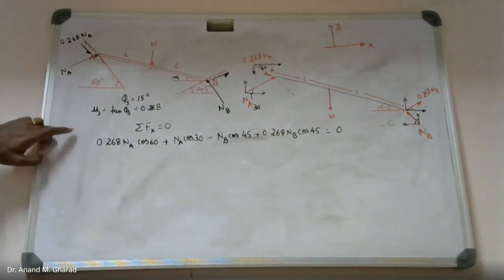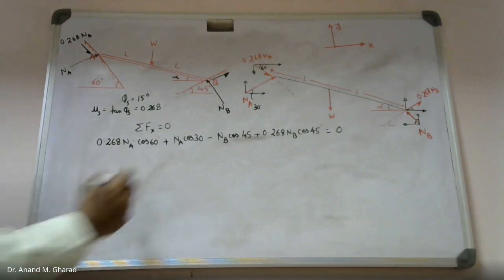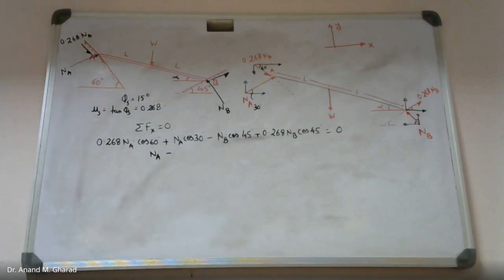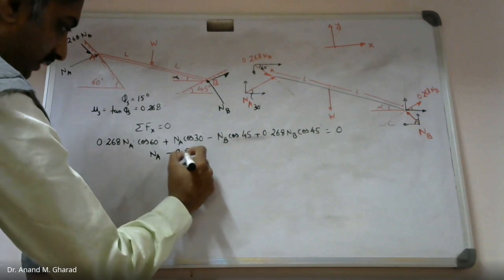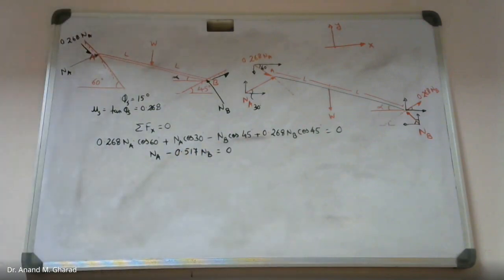So please verify this equation. Ultimately, I will get this value: NA minus 0.517 times NB. This is what I am getting. You please verify.